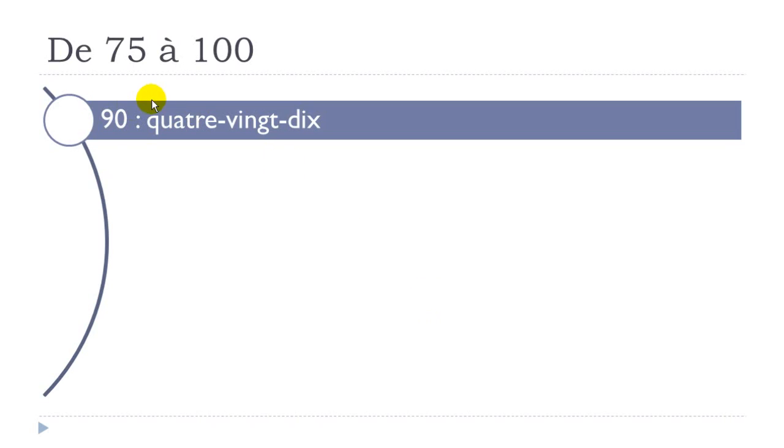And now for 90, well, basically it would be the same thing as we had for 70. So you will take this 80 and then you will add the numbers from 10 to 19 after.